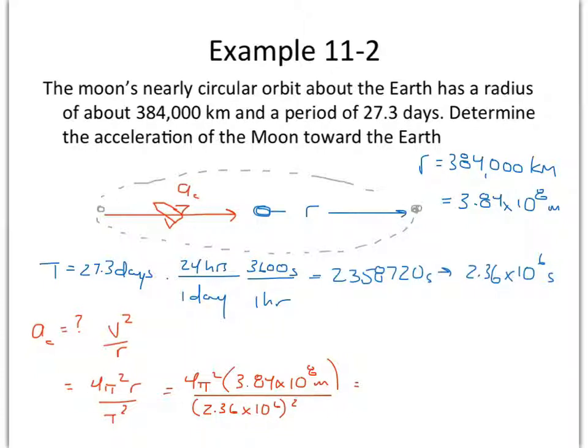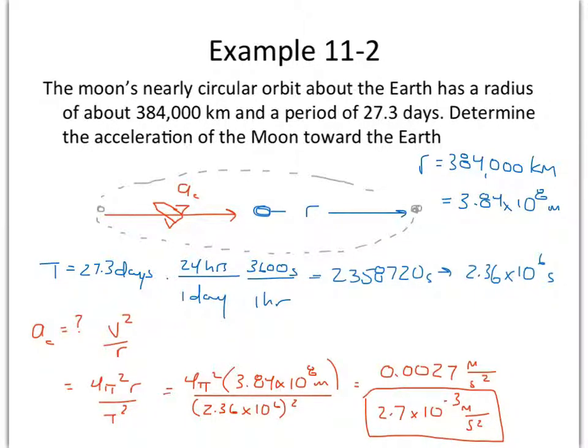And that should give us our final answer. And this is a really small number, 0.0027 meters per second squared. Or we could say that's 2.7 times 10 to the negative third meters per second squared. That's a very, very small acceleration.